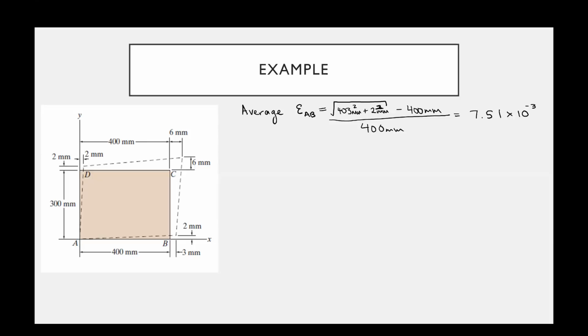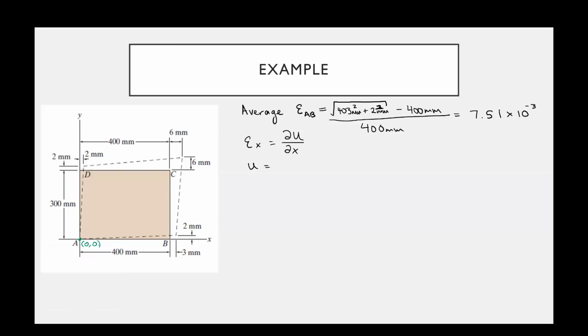Now, if we wanted to calculate the exact strain at a point along line AB, we would need to know the deformation equation U. Because remember that that exact strain, strain X, is equal to the derivative of the displacement function U with respect to X. So if we look carefully at this geometry, let's put our coordinate system at point A. So let's call this point 0, 0.